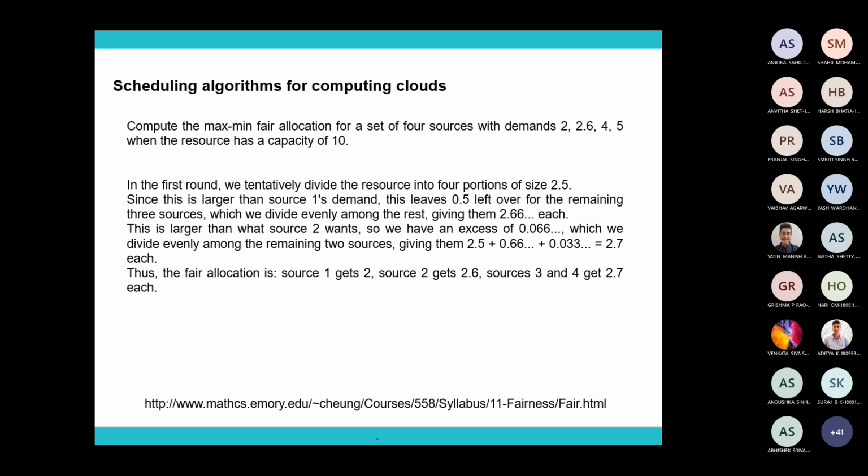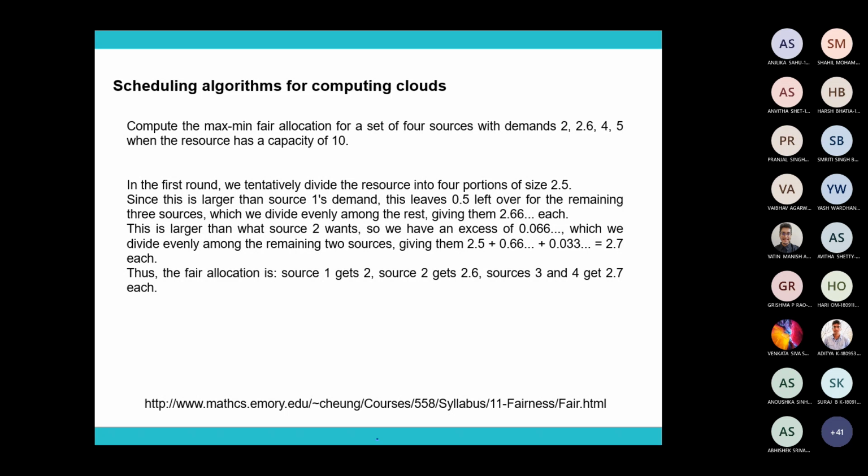As I mentioned, there are four sources or four users, and the capacity is 10. First, you equally distribute. When you equally distribute 10 among 4 users, each user will get 2.5.